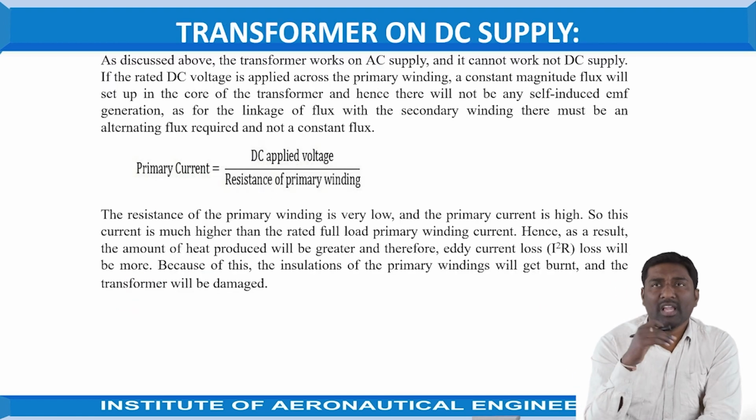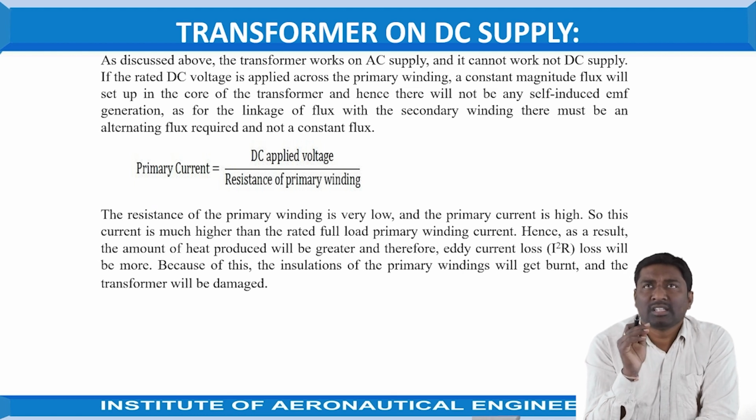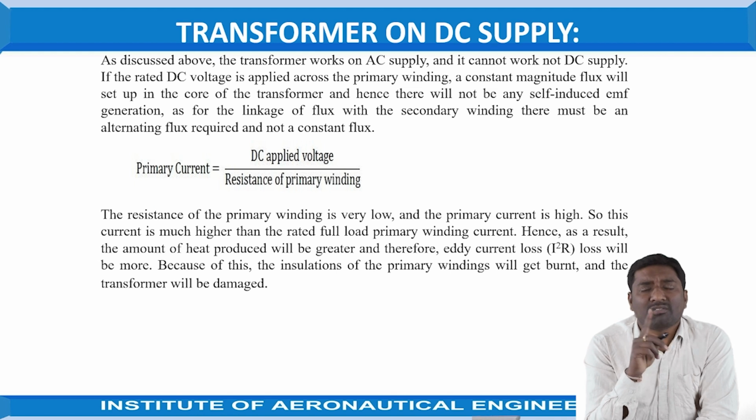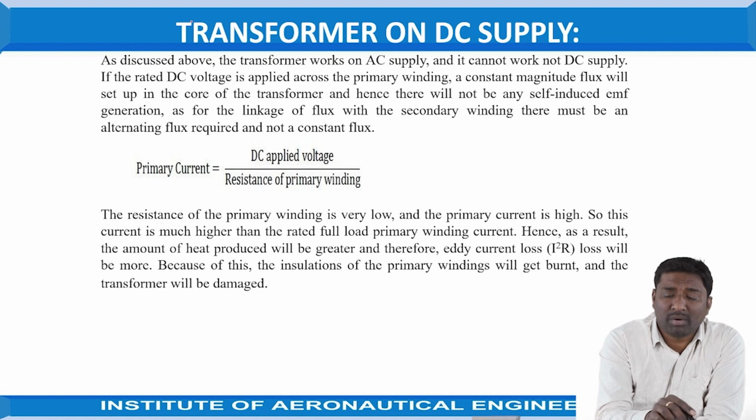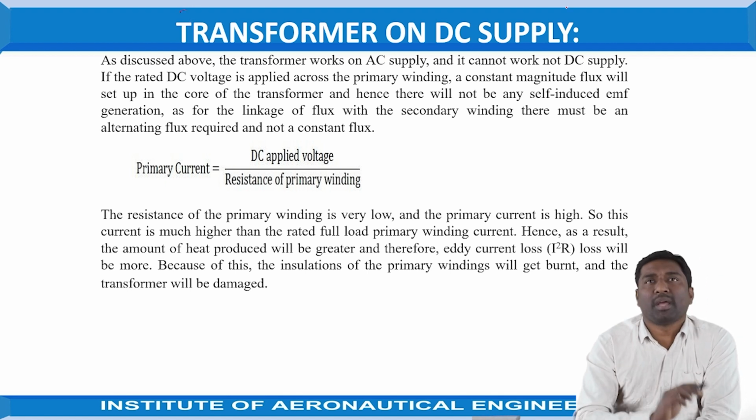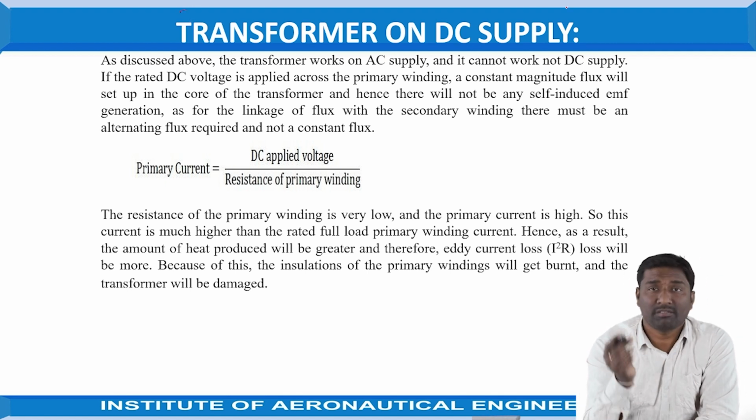So, as discussed, the transformer works on AC supply and it cannot work on DC supply. If you connect a transformer to a DC supply, what will happen? We will discuss that now.